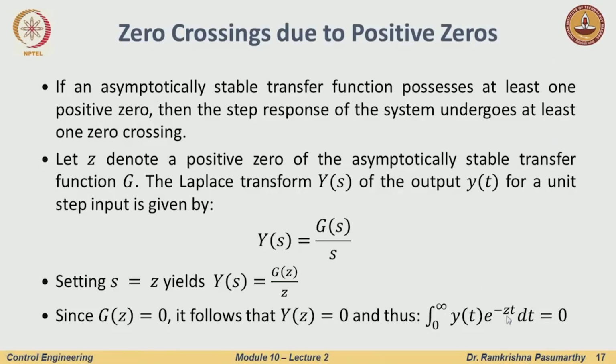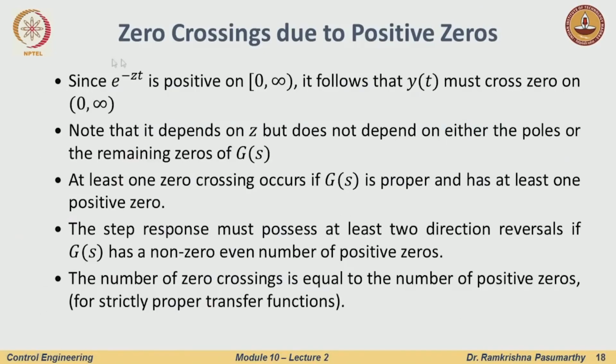I am just substituting z for s, and what I see here is that this exponent factor, e to the power minus zt, is positive all the time, so what can only go to 0 is y(t). Therefore there is a zero crossing when G(z) goes to 0. Because e to the power minus zt is always positive, y(t) should go to 0 sometime. That is what this argument says.